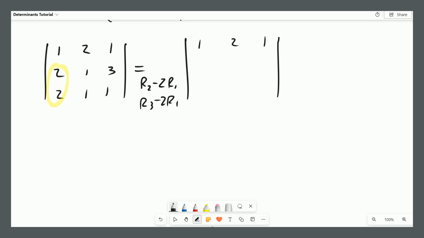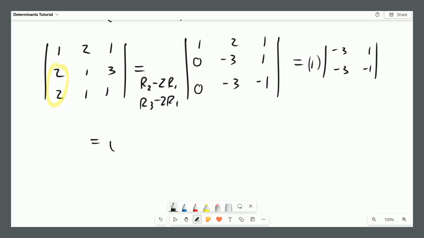So we have 2 minus 2 is 0, 1 minus 4 is negative 3, 3 minus 2 is 1, 2 minus 2 is 0, 1 minus 4, again negative 3, 1 minus 2 is negative 1. So we have 1 times the determinant of negative 3, 1, negative 3, negative 1.